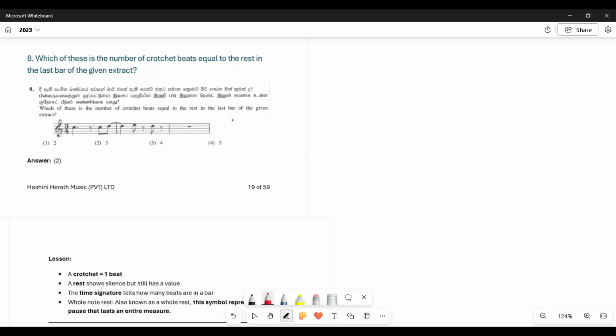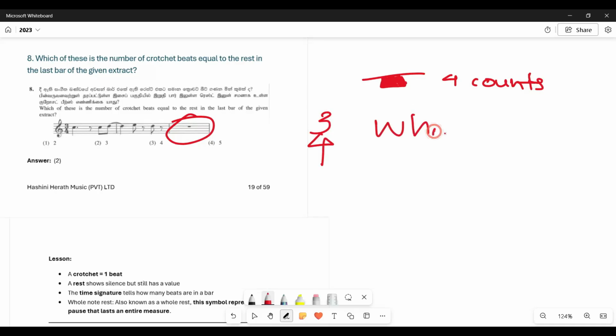Eighth question. Here this rest is what is the problem. How many crotchet beats are equal to the rest given? Now usually the semibreve rest would be 4 counts, right? But here in this case this is 3/4, and this is written as the whole bar rest.